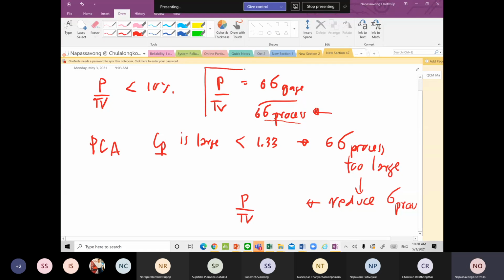This ratio P to TV, will it be higher or lower if the sigma process is smaller? Higher. Yes, higher. And is that a good thing when P to TV is higher? No, it's not good, right?